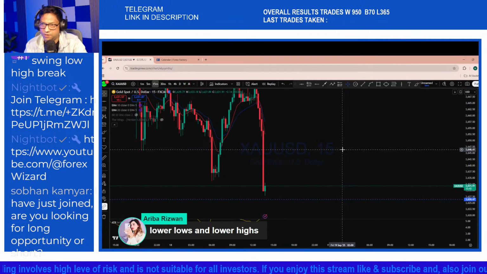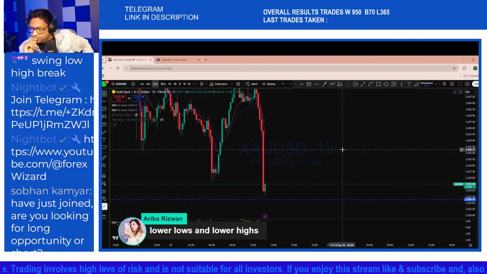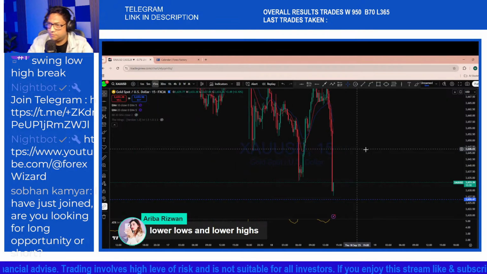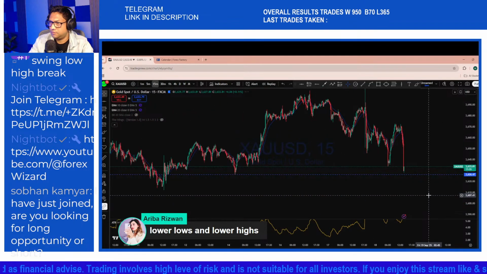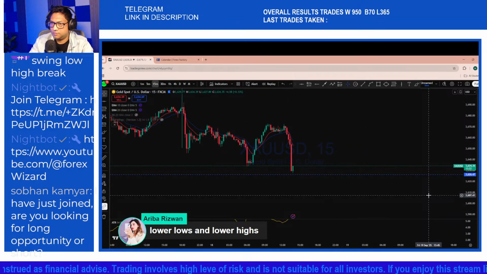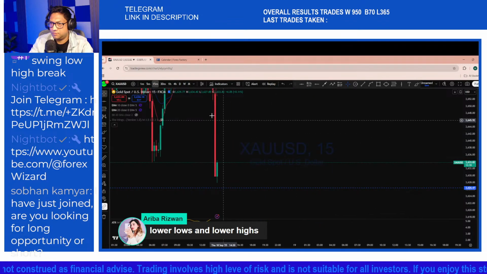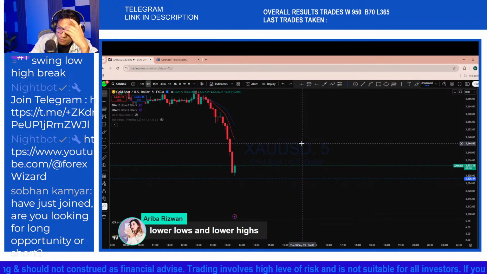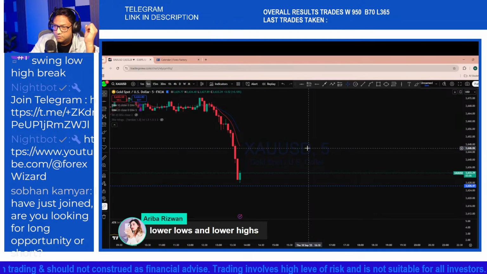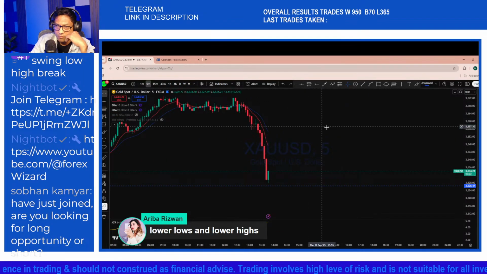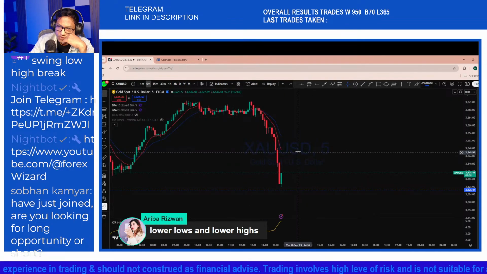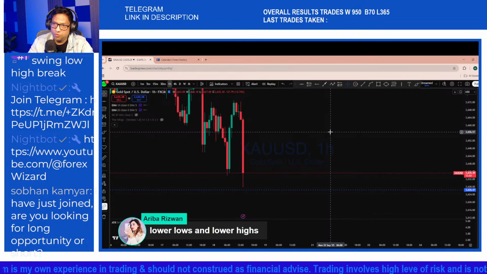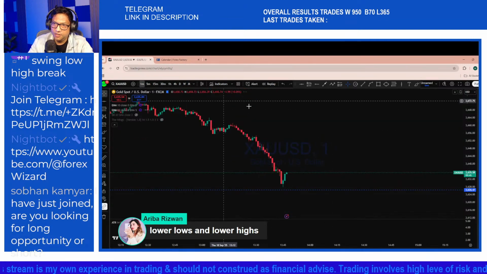Okay, now we might see some deeper pullback. When the market drops very aggressively, we only have the option to stay on the sideline until it settles.